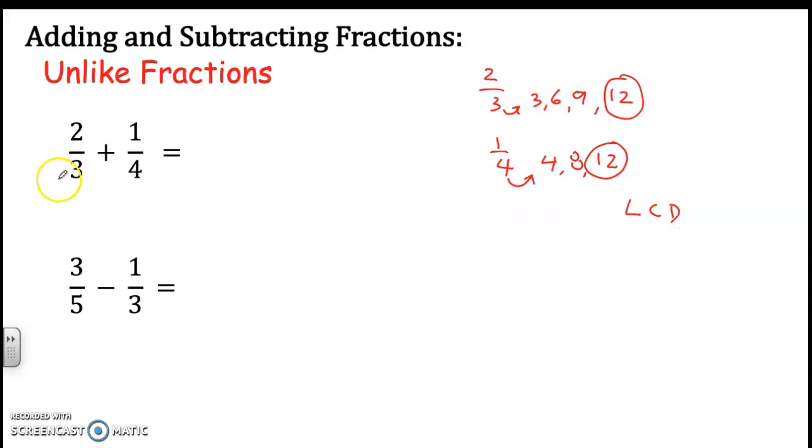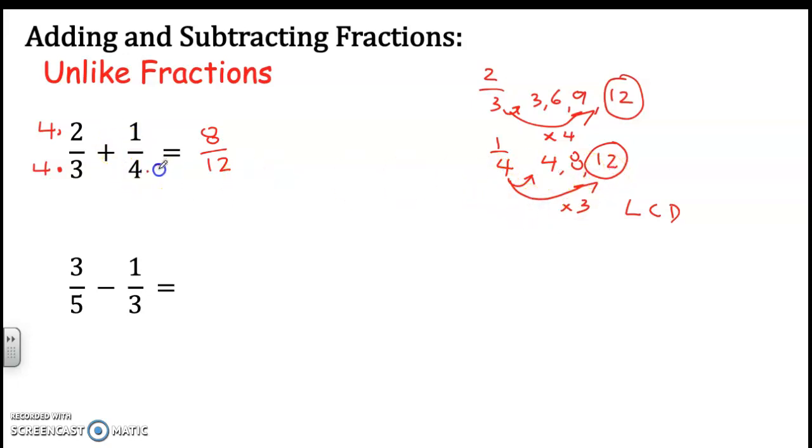All right, 2/3. By what number do I need to multiply 3 to get 12? By 4. So times 4, times 4. So 4 times 2 gives me 8. 4 times 3 gives me 12. What about the fourth? By what number do I multiply to get 12? 4 times 1, times 2, times 3. I multiply times 3.